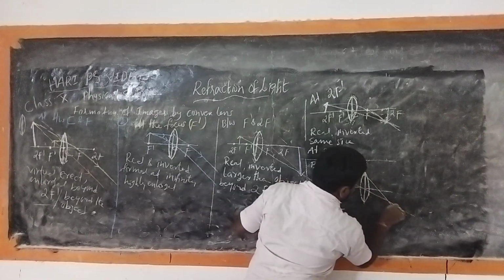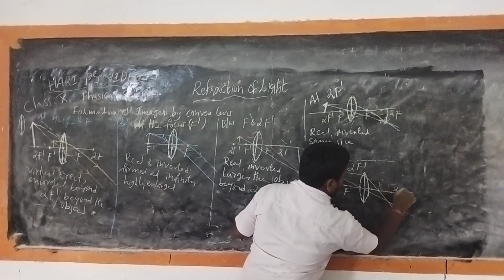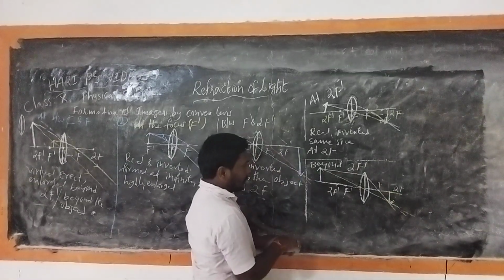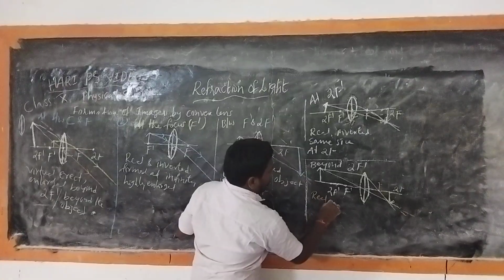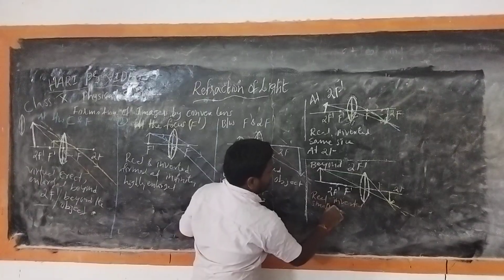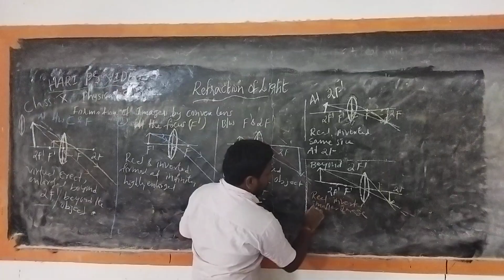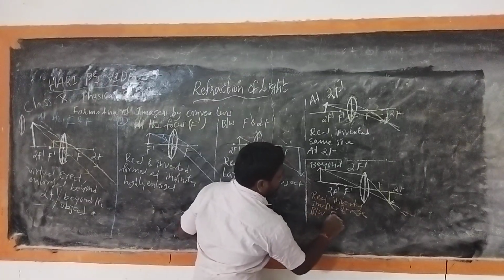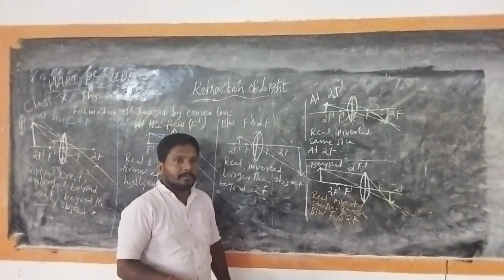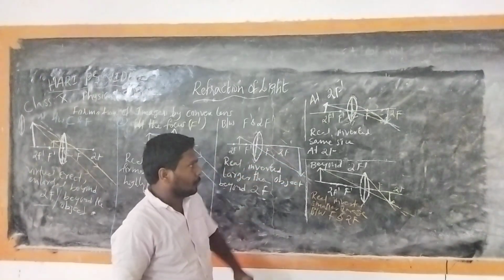Another is through the center. Here it is f and here it is 2f. The image is formed here. The characteristics are real, inverted, smaller than the object, so a small size image. The image is between f and 2f when the object is behind 2f.